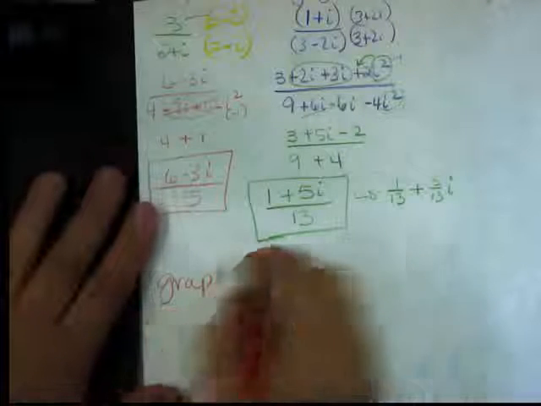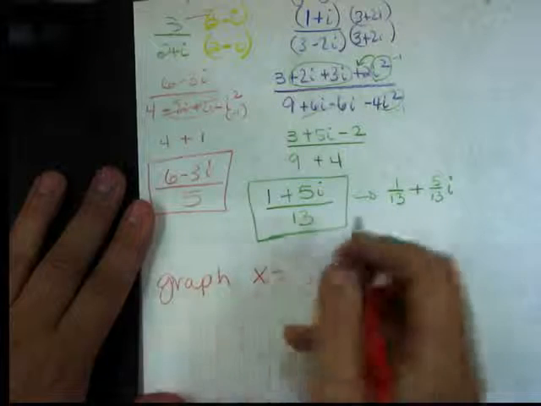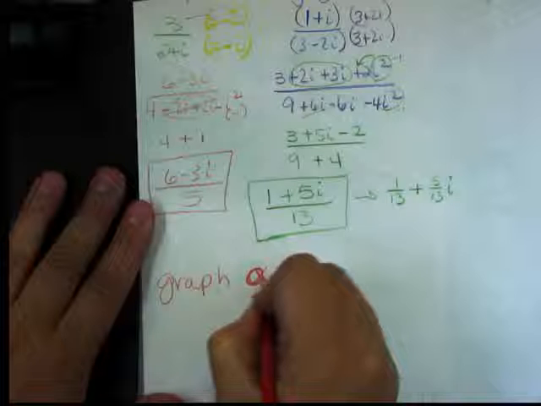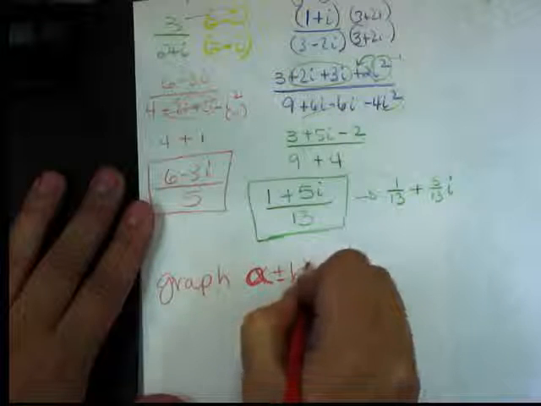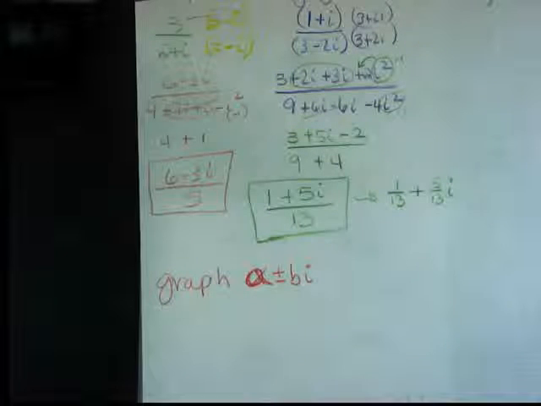In order to graph a complex, I'm going to use A, so there's an A plus or minus a BI.